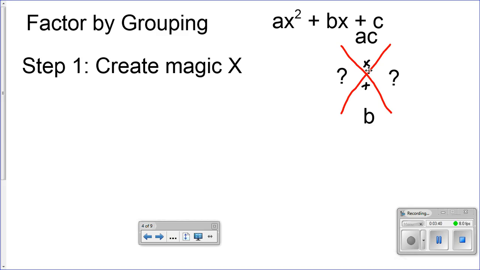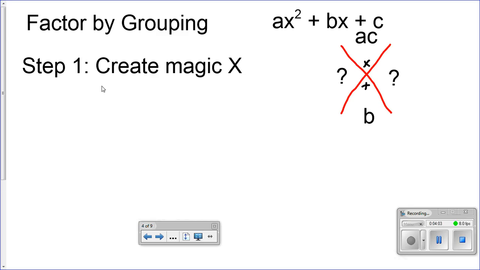What that does is it gives us something to split the middle term into. So bx becomes 2 terms, so we can create 4 terms, and then we can create 2 binomials out of it. That's the whole point of this magic X, is to turn our trinomial into just a normal polynomial with 4 terms, and then we can go ahead and group it.